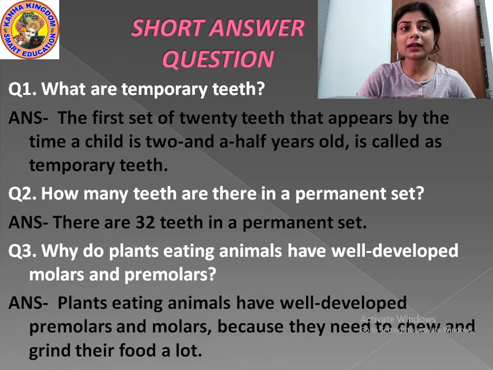Like the cows and the goat, they chew the food very often. That is why they have well-developed molars and premolars, so that it will help them to grind and chew the food properly.